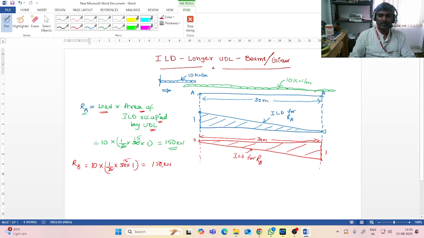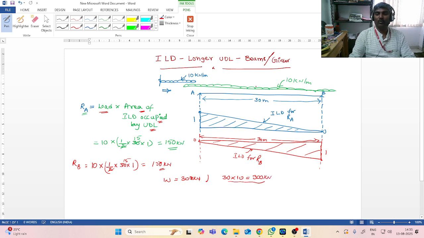Now if you add these two, the total load value, RA plus RB, is 300 kilonewton. Now you see what is the load acting on the span: 30 is the span, UDL value 10, which is equal to 300 kilonewton.